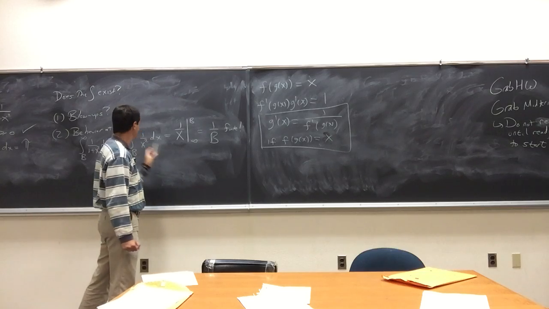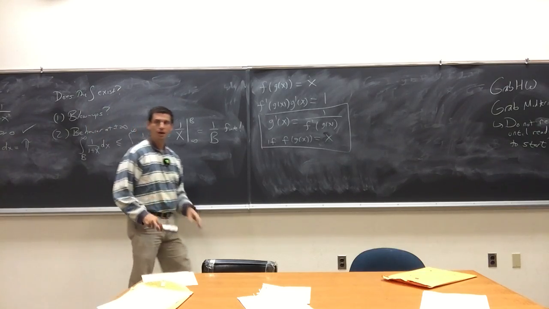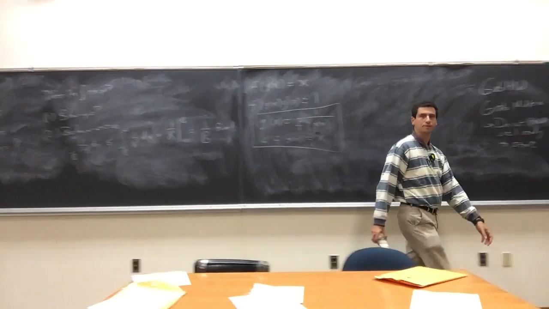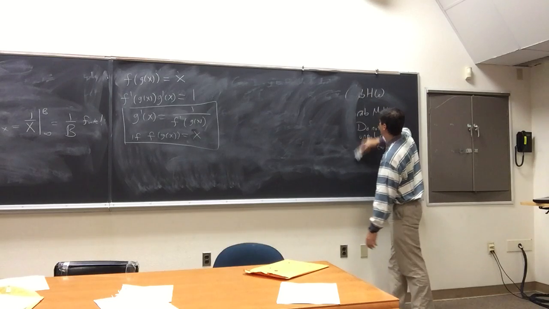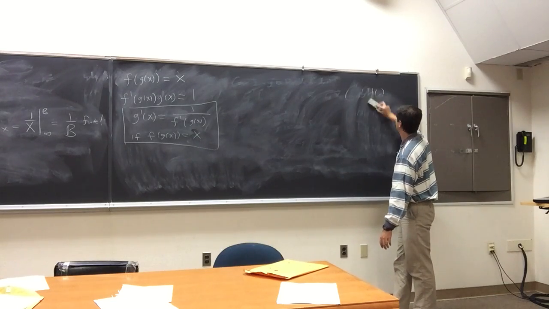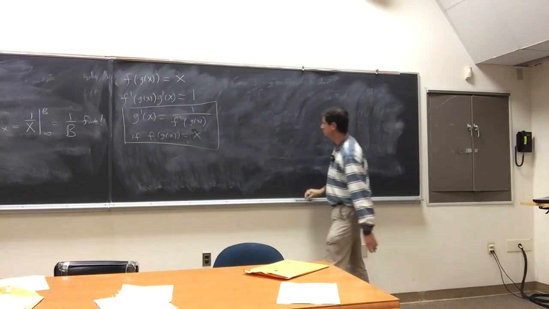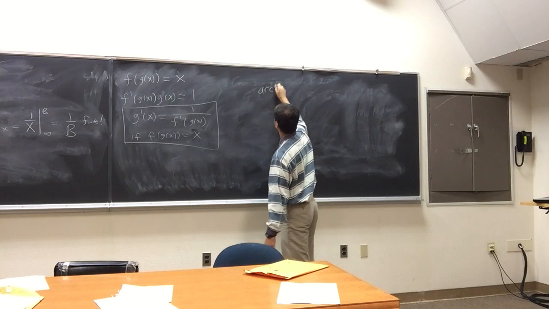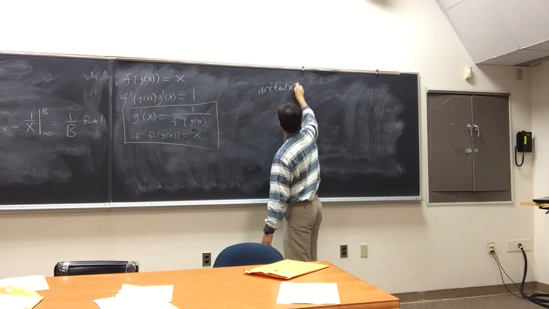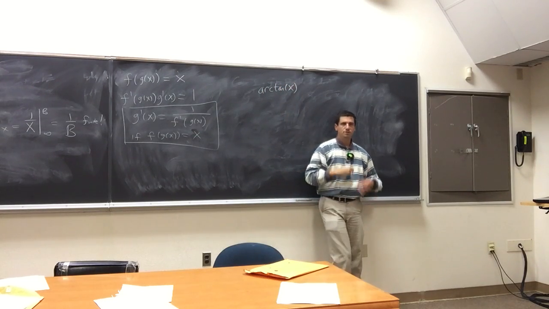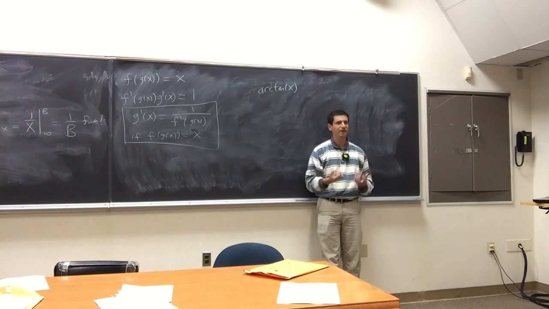So we can use this to try to get the antiderivative of 1 over 1 plus x squared. The method of divine inspiration is one of my favorite methods to look at. Let's look at the function tangent of x.